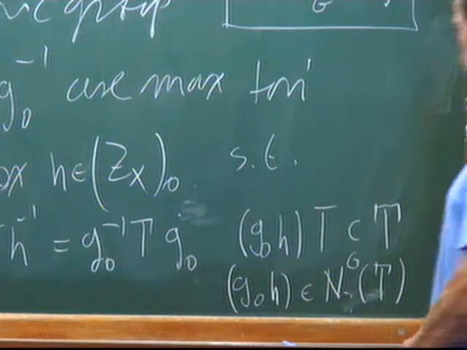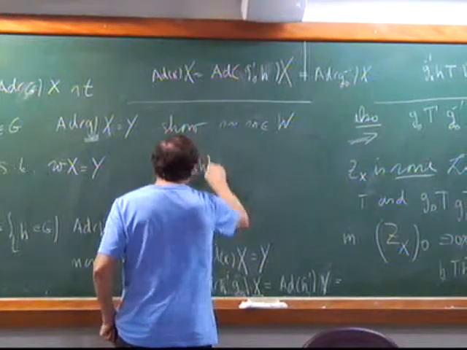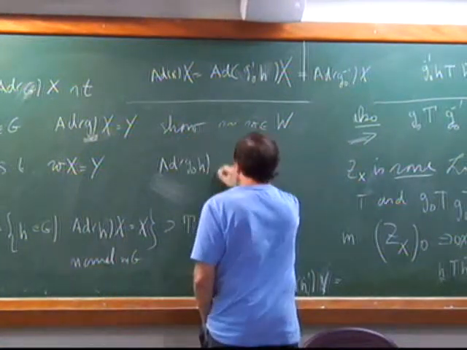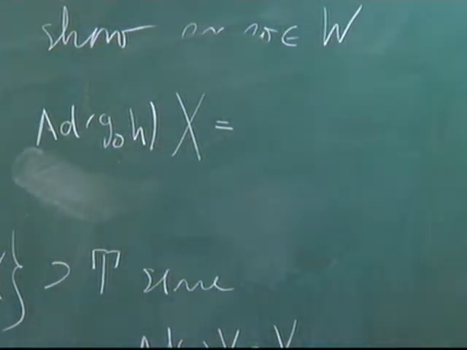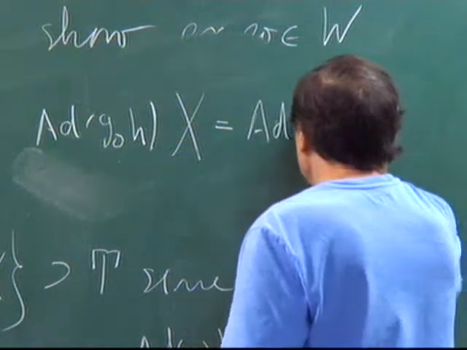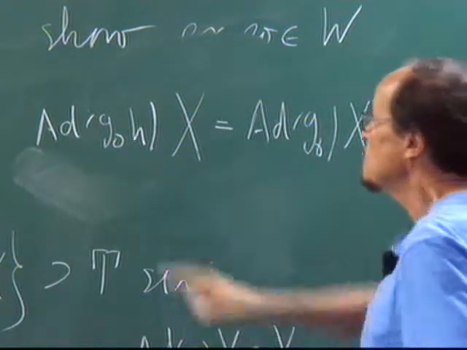So now I take Ad G0H. Let's see if that works. What's Ad G0H applied to X? Well, H lies in the centralizer, so that's Ad G0 of X. What's Ad G0 X? That's Y.